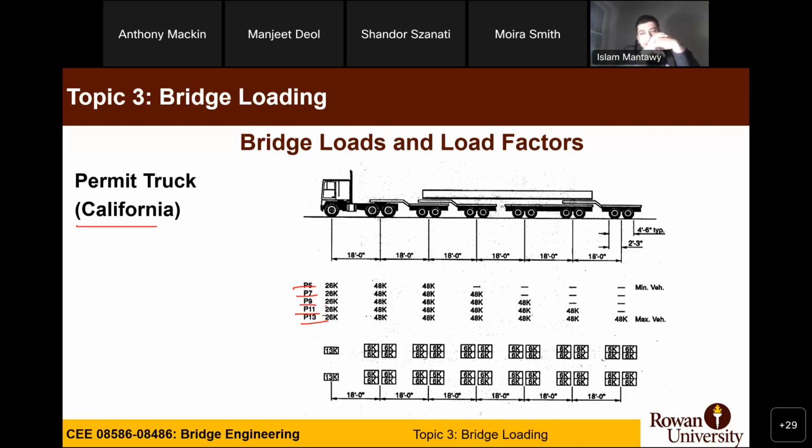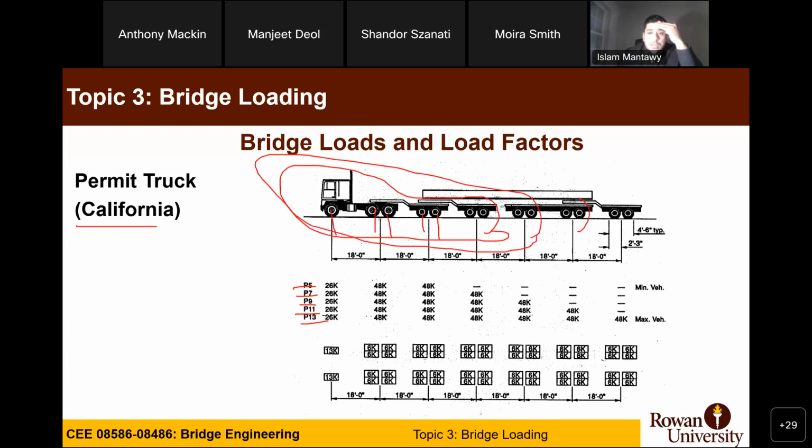Okay, number of axles, correct. It looks like he has some issues with his microphone, but if you have P5, you have 5 axles. So P7 will be this one, P9 would be this one, and so on for P11 and P13.